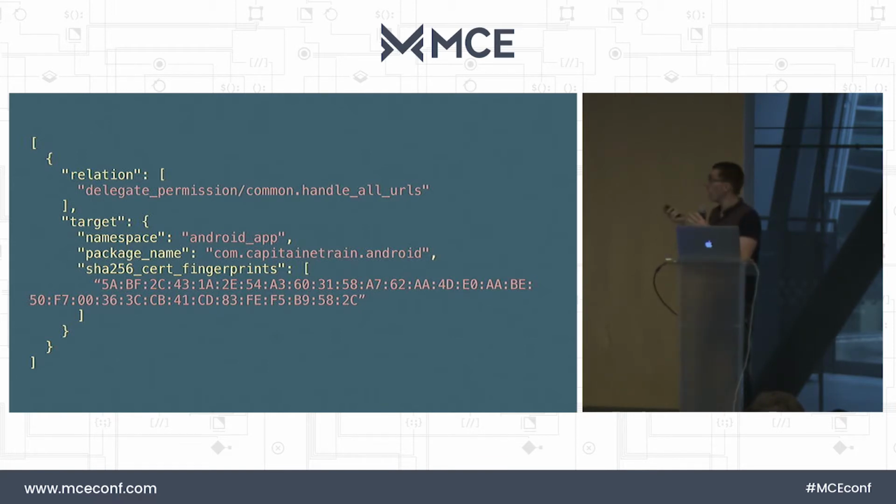So you can have several apps that target the same domain, but you can also have one app that targets a single domain or several domains. It's completely possible, and that's the case, for instance, in Trainline, because we have trainline.eu, trainline.de, trainline.fr. They all point to the same application.